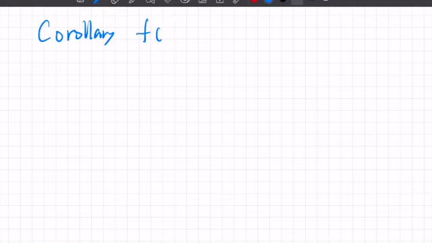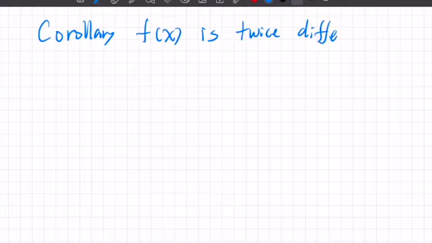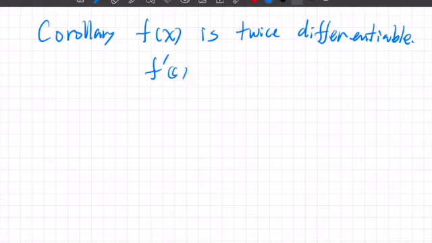The next corollary gives a sufficient condition for a local maximum or minimum. Again, in this case, assume this is twice differentiable. Not just once, but at least twice. And also assume that f prime of c is equal to 0.